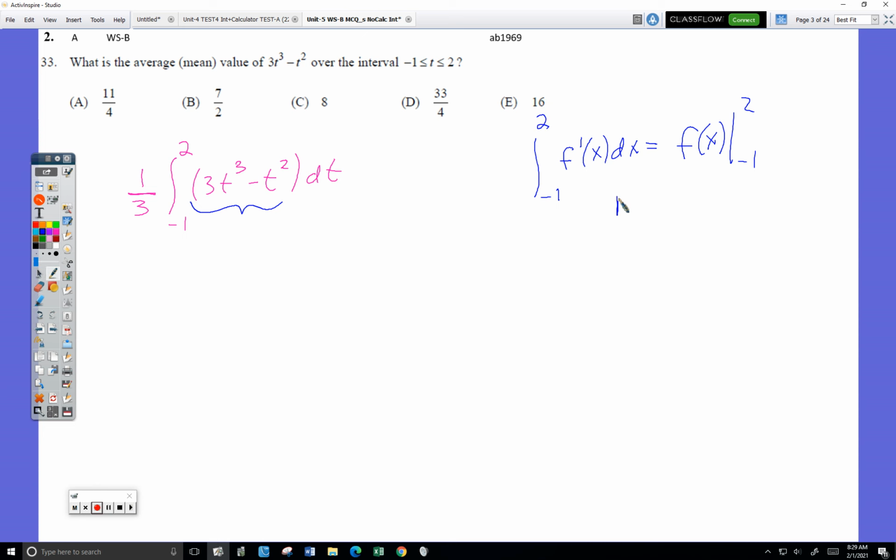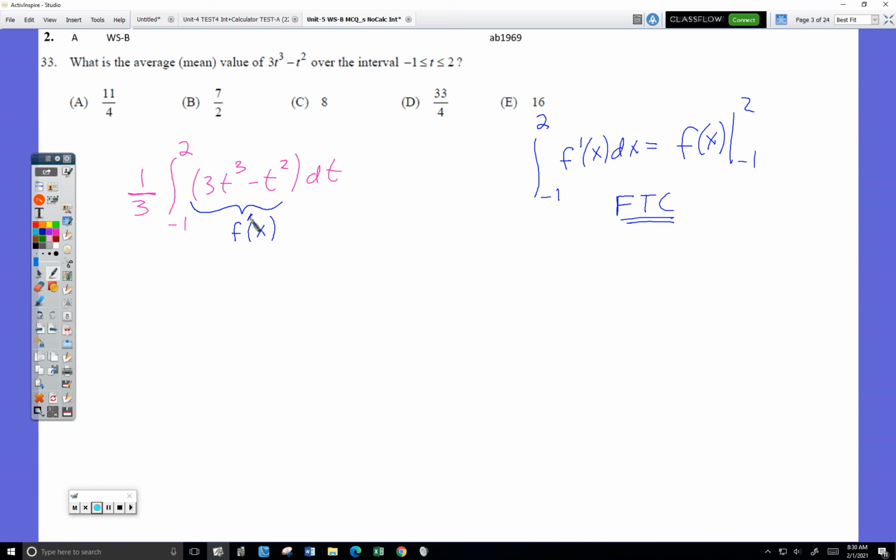This is the fundamental theorem of calculus. Questions? So I'm thinking of this as my f prime, and I want to go find out f. Once I find f, I can plug in the limits.